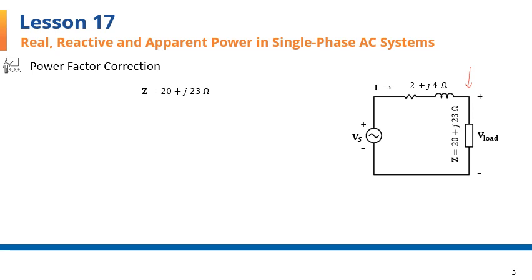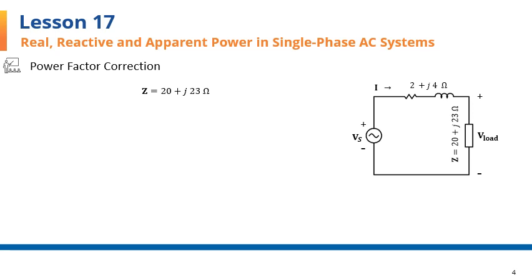I will keep the voltage across this load at 220 volts and will designate it as the reference voltage with 0-degree phase angle. So the voltage at the load would always be 220 volts with 0-degree angle.